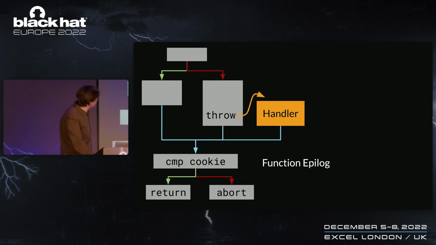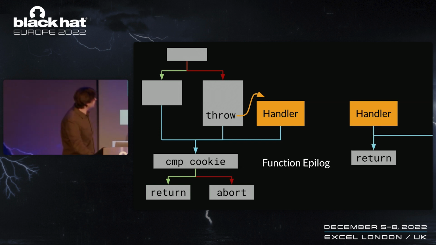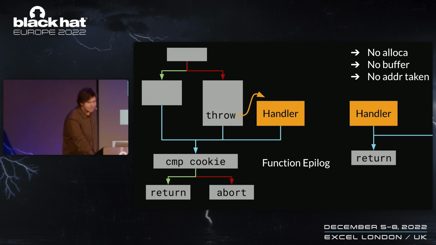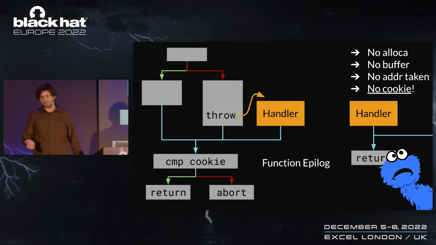But what if we have another handler in a function that doesn't have any alloca, doesn't have any buffer, no address-taken local variables, and therefore no cookie?